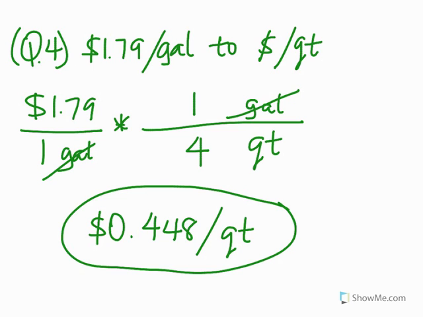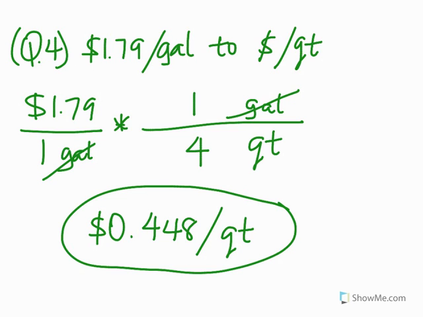Of course, in the American system it would actually be 45 cents per quart. But we just leave it like this because we want the answer to have the same number of significant digits as the original.